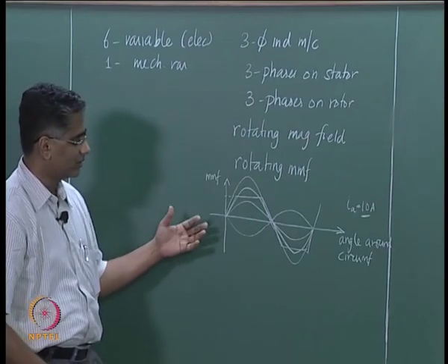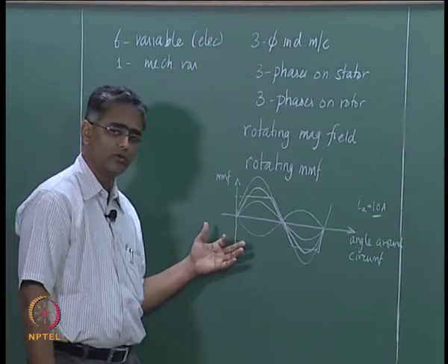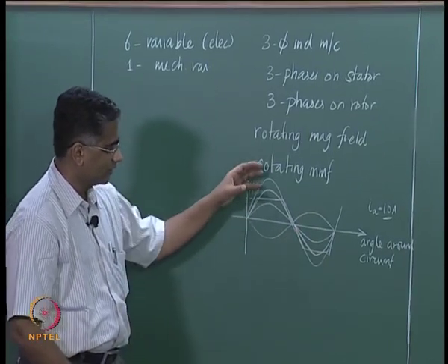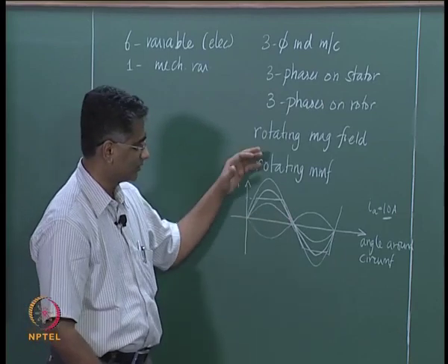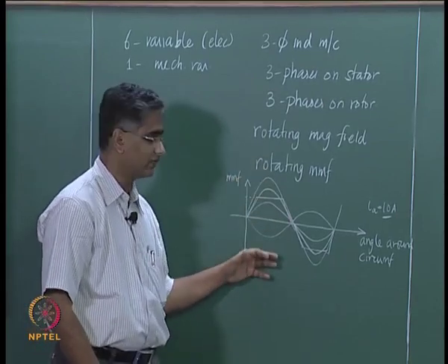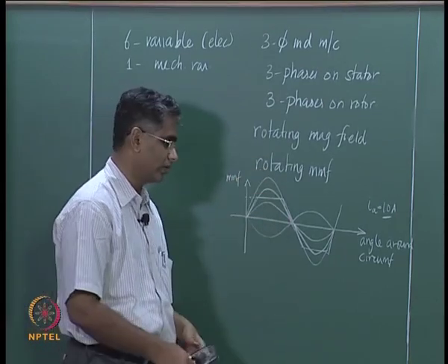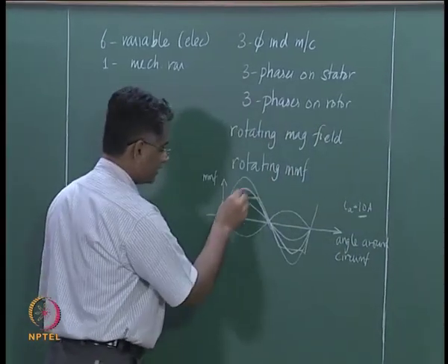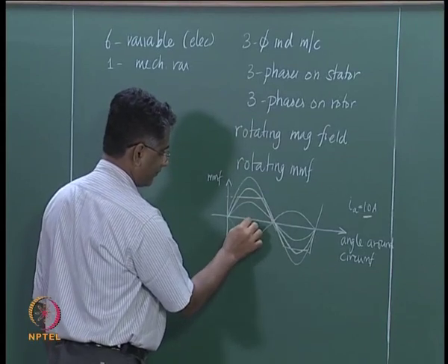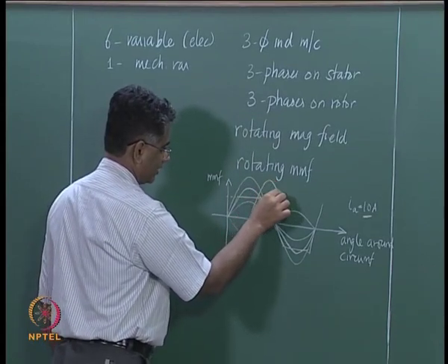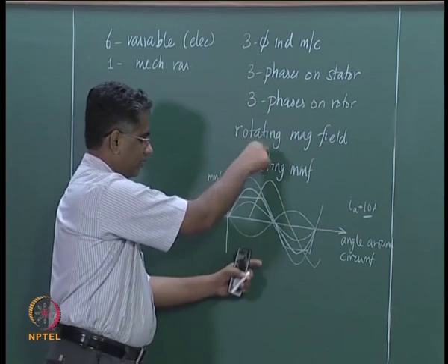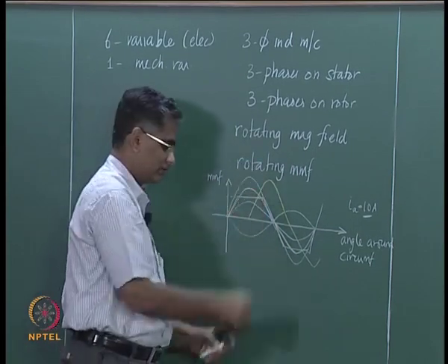Now, if you consider the MMF of another phase, that would also have a similar nature, that means it would oscillate if you give a sinusoidal waveform to it, but the difference being that this MMF is displaced with respect to the first MMF by 120 degrees, and it would oscillate here.